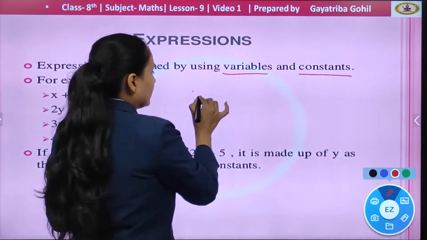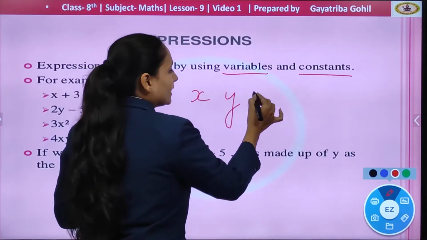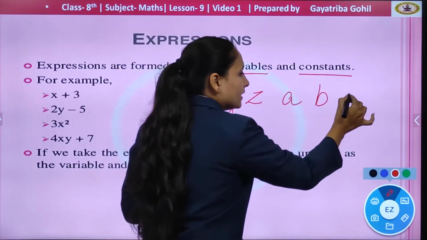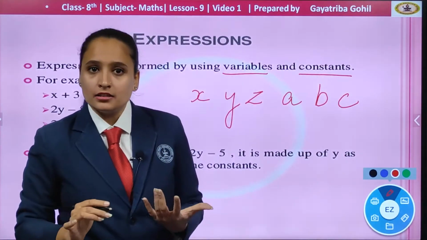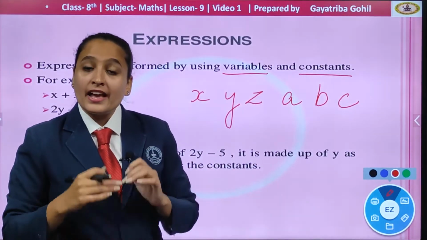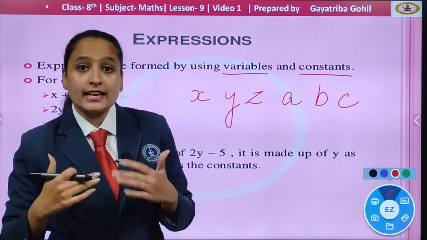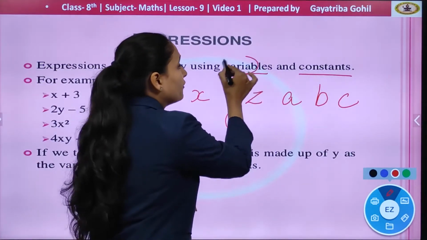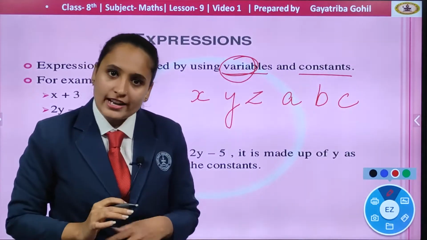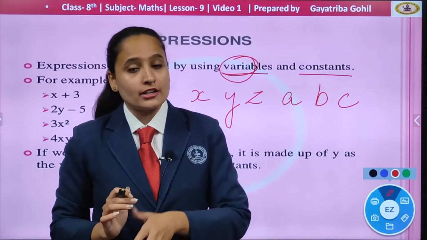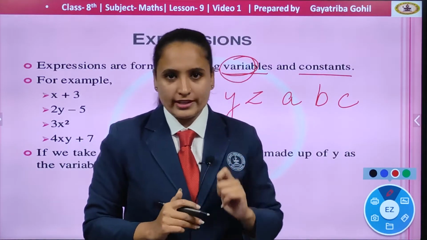If I write x, y, z, a, b, c, any letter to denote something, then it is called a variable, and it can vary, it can differ, it can change. That is why it is called a variable, right? So x, y, z, a, b, c, p, q, r, all these are considered as variables.